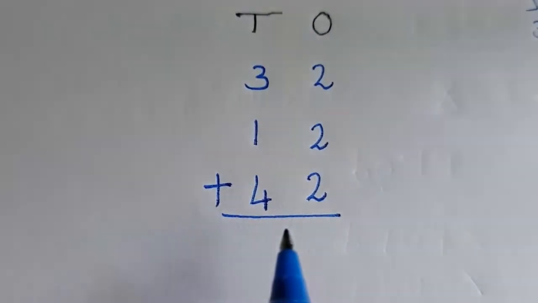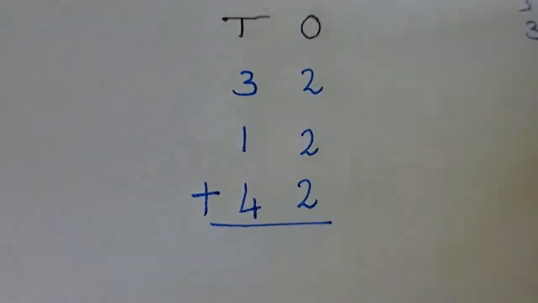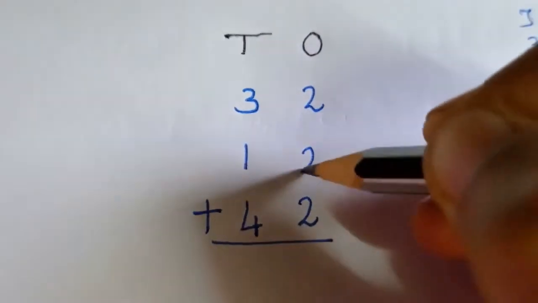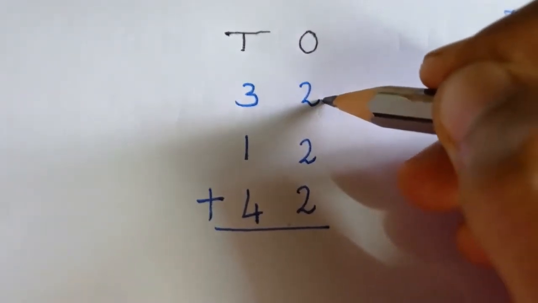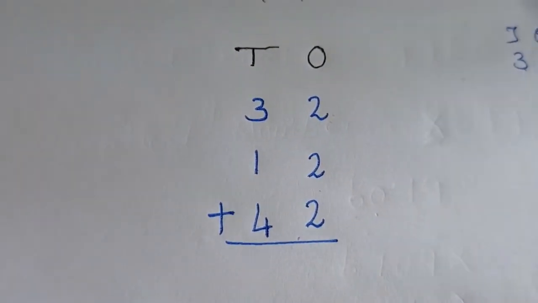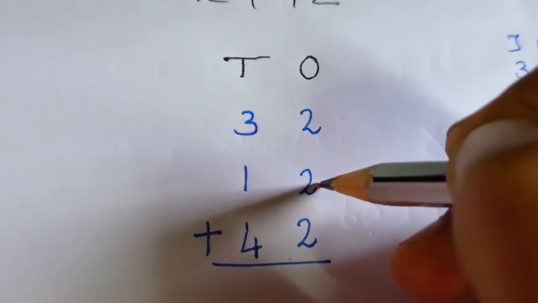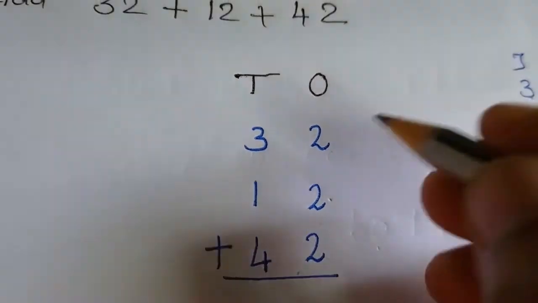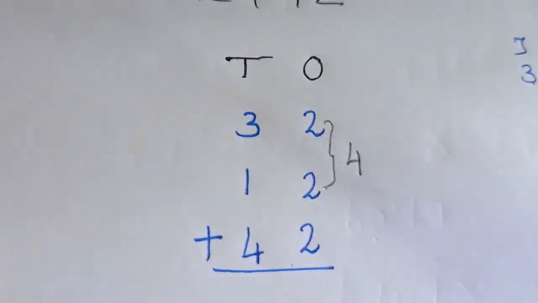Now what do we want to do next? Add the numbers in the ones place value. Here in the ones place, all the numbers are equal. So first keep 2 in mind, then take 2 fingers, 2 after that 3 and 4. So we get 4 while adding these two numbers.